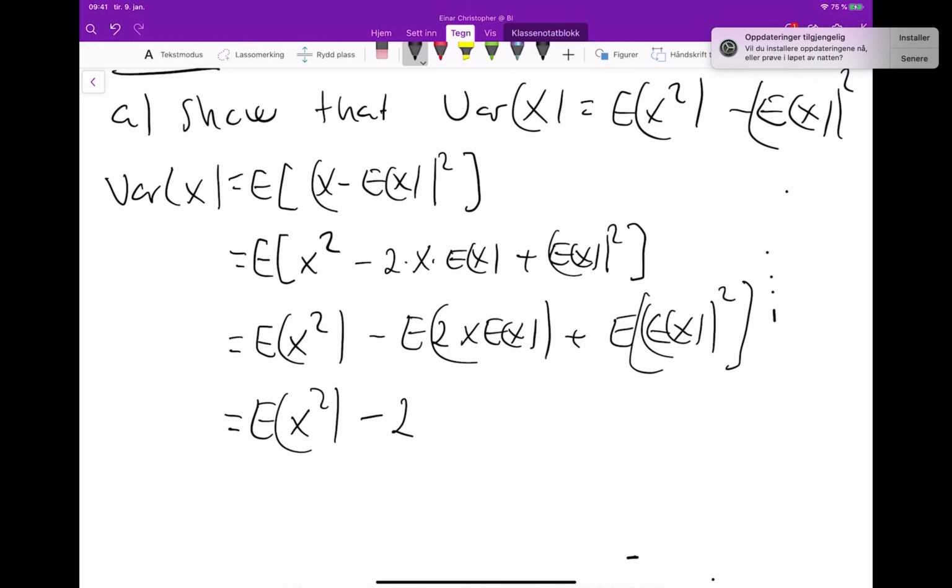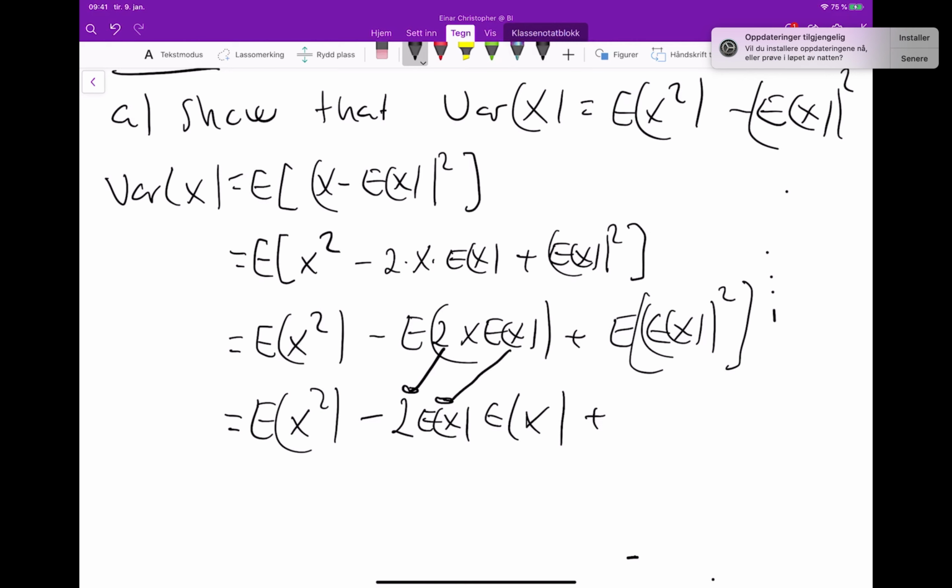So 2 times the expectation of x, the expectation of x. So that's the 2, that's this one, and it remains the expectation of x.